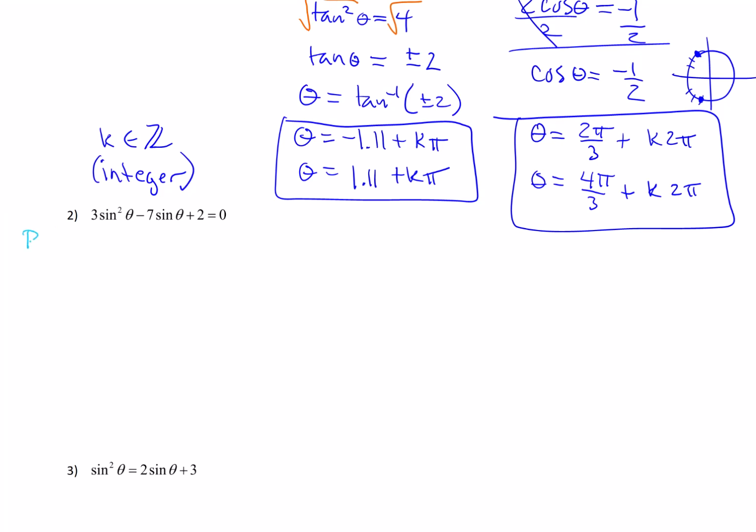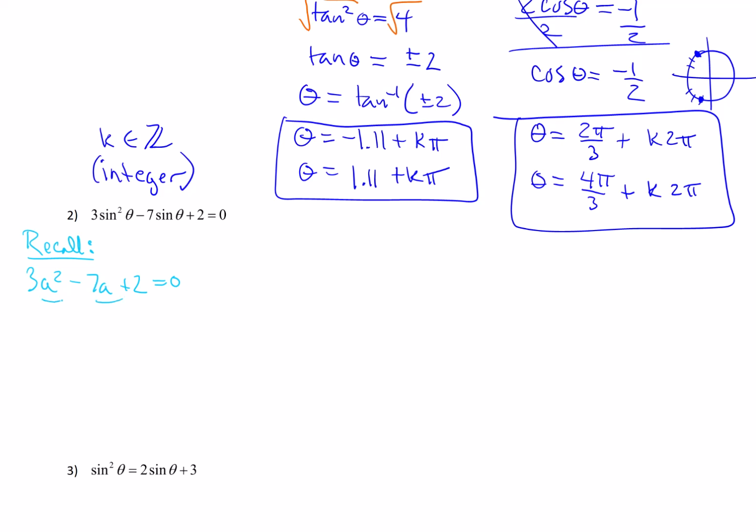Now, I want you to recall, before we get into the trigonometry of this, that if I had something very similar to this, but in algebra, as 3a squared minus 7a plus 2 equals 0, where I'm just rewriting the original equation, but instead of the sine theta, I'm just writing the letter a.